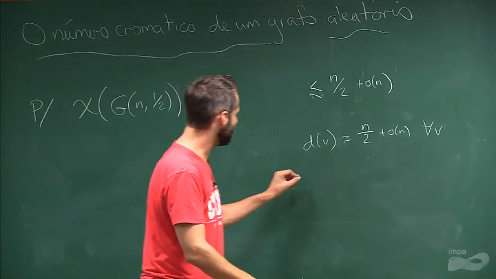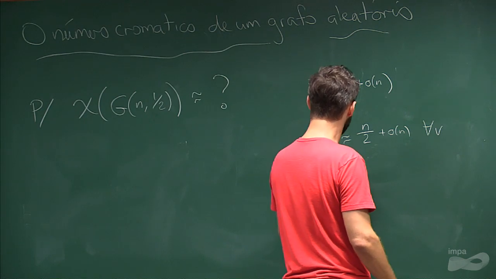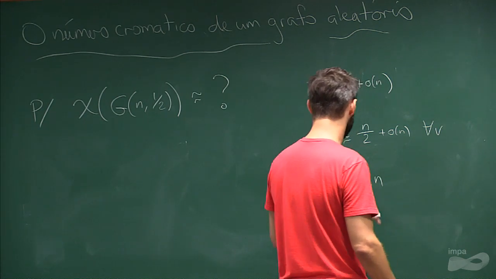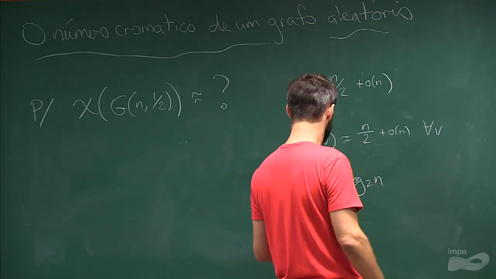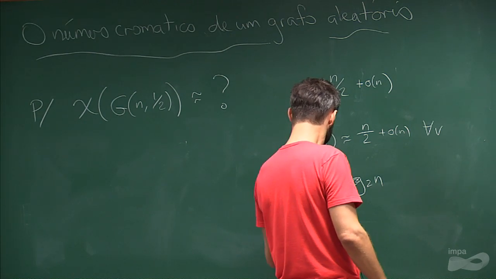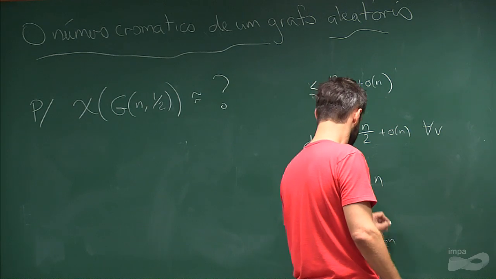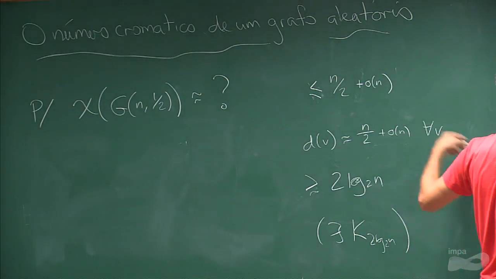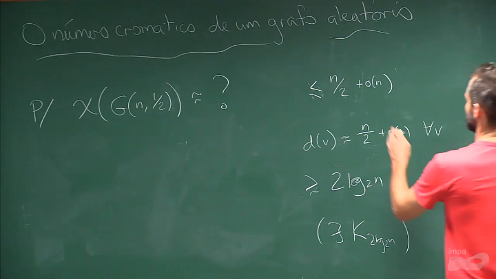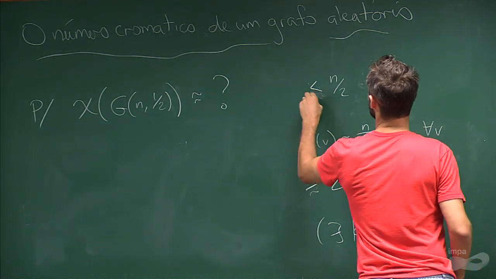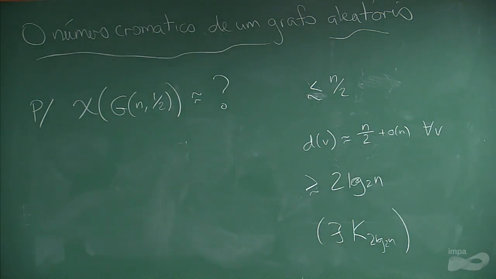So it's at least 2 log base 2 of n-ish, because it's a clique. Again, this is approximate. So we've got it between log n and n over 2. It's better than nothing, but any improvements?